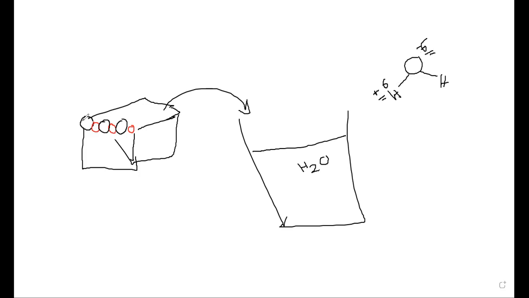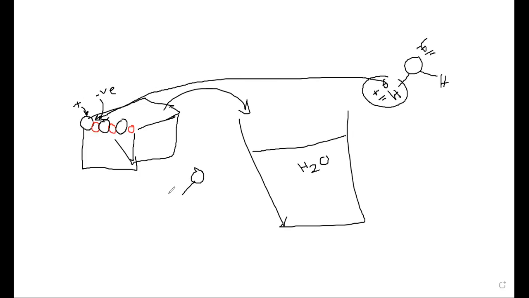Here in the table salt, we find that sodium carries a positive charge while chlorine has a negative charge. So once we drop it in water, we're going to find that the positive hydrogen of a water molecule will be attracted toward the negative chlorine, while the negative oxygen of another water molecule will be attracted toward the positive sodium.